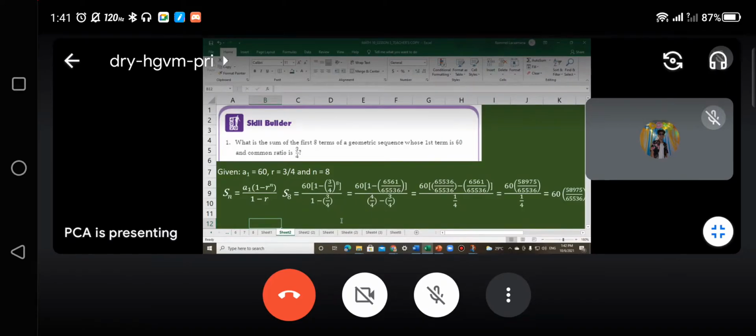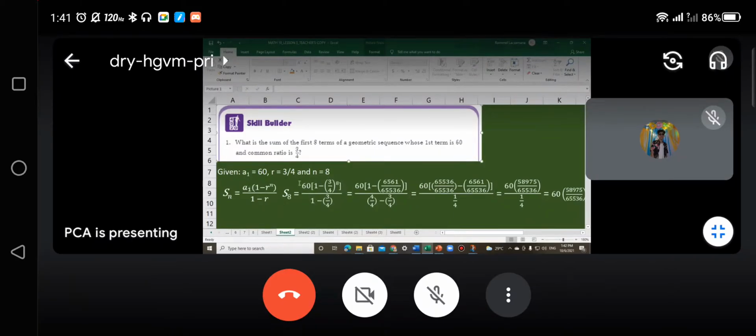But the problem is, do you still have the scientific calculator that you used last year? You can use that. Like this one, 3 over 4 is 0.75, raised to 8. Okay, let's go.